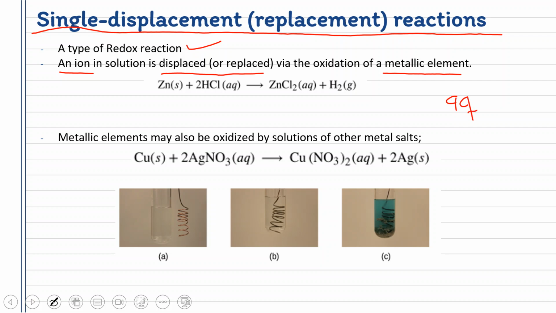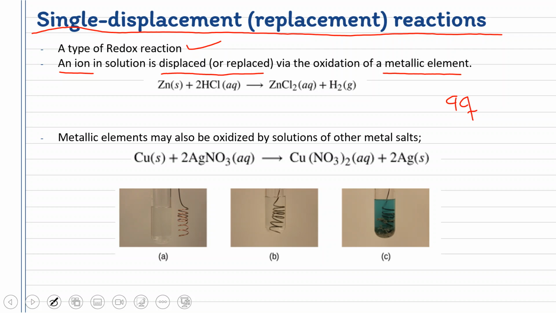So we have a compound or a salt. When we dissolve the compound in water, the individual ions break apart. When the individual ions break apart, one ion is replaced by a metal, and that kind of reaction is called a single displacement reaction, or a single replacement reaction.